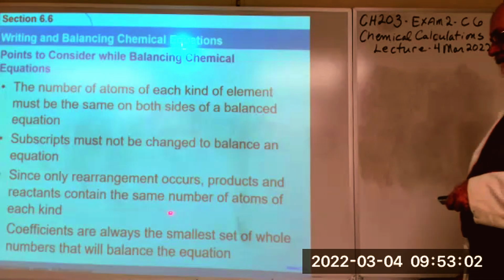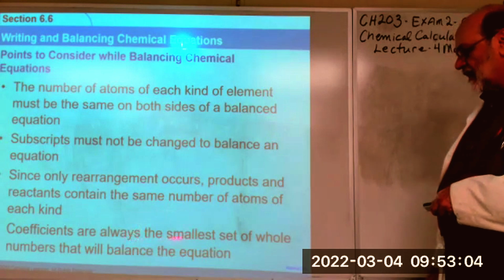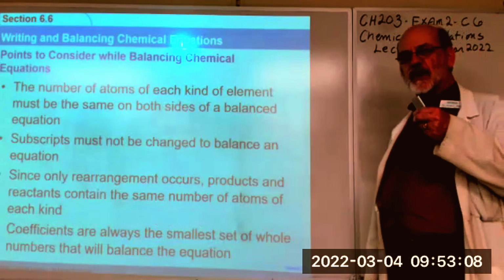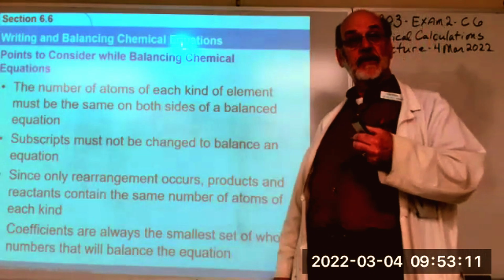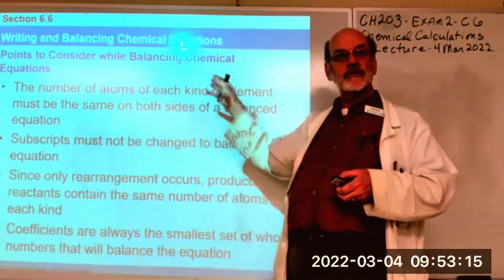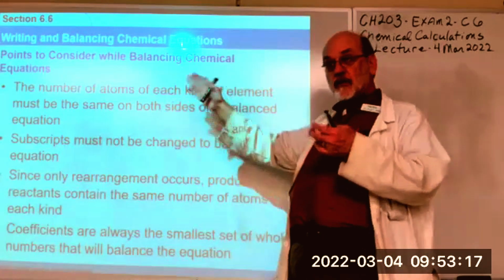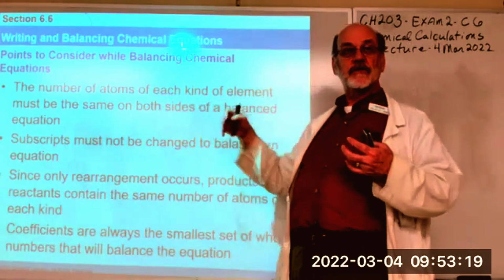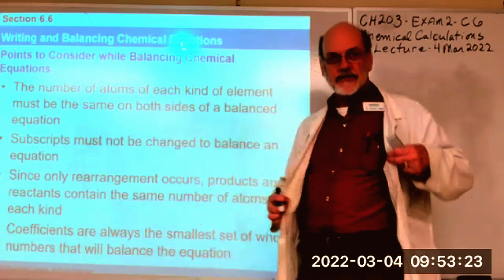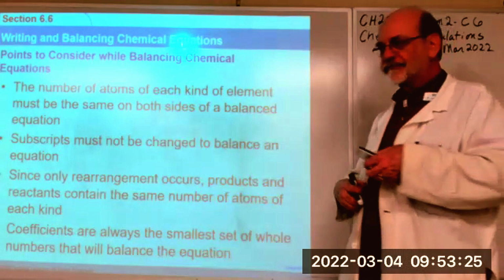And we try to finish off with the smallest whole number ratios. In other words, if in that previous equation we had 2, 2, 2, and 2, we'd reduce it to 1, 1, 1, and 1, because we can divide the whole thing through by 2 and reduce the numbers to the smallest whole number ratios.